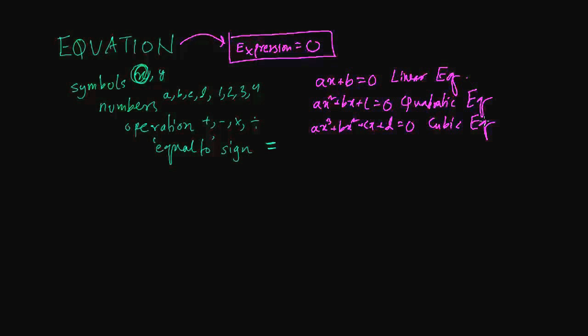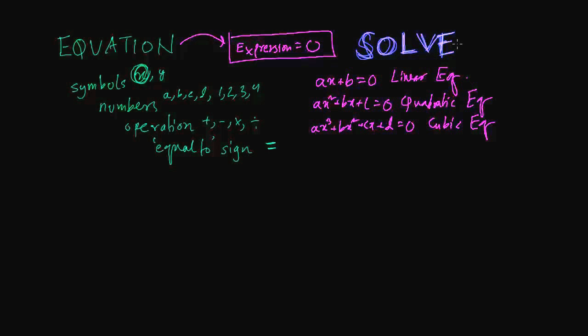Now that we have defined an equation, the question is, what do we do to an equation? If you remember, we can simplify or factorize an expression. Now what can we do to an equation? We can solve an equation. Okay, so what is the meaning of solve an equation?